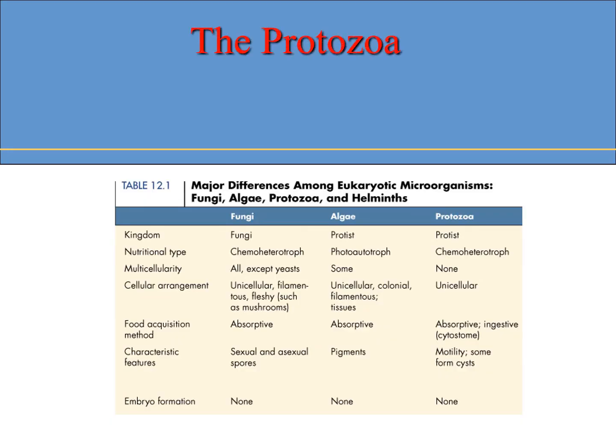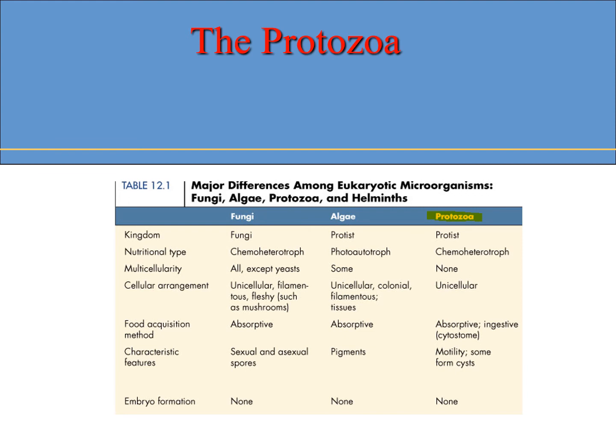And so we leave that, and we've covered fungi and algae, and we move on to protozoa. As you know, protozoa are also called protists, although the still very popular name is protozoa.